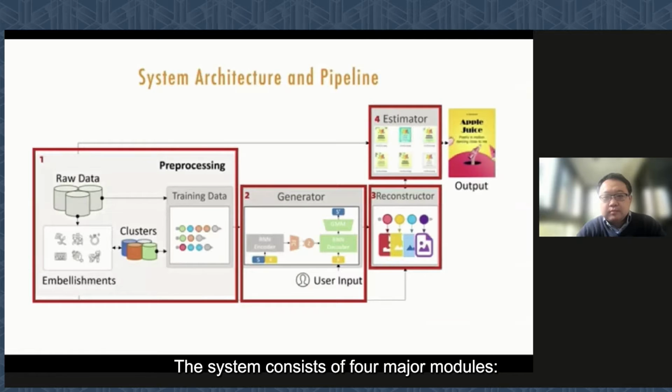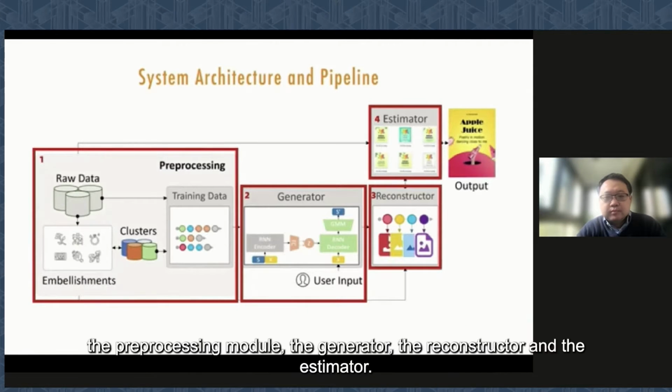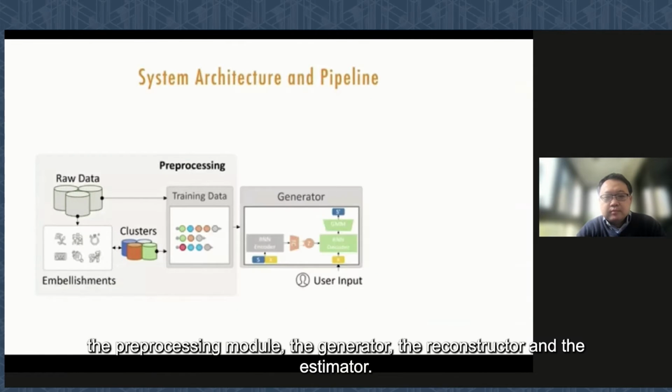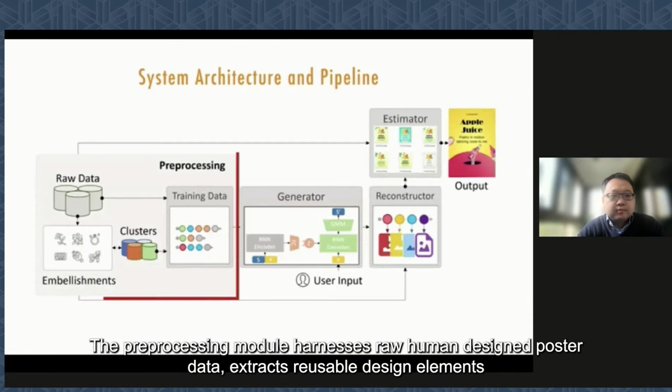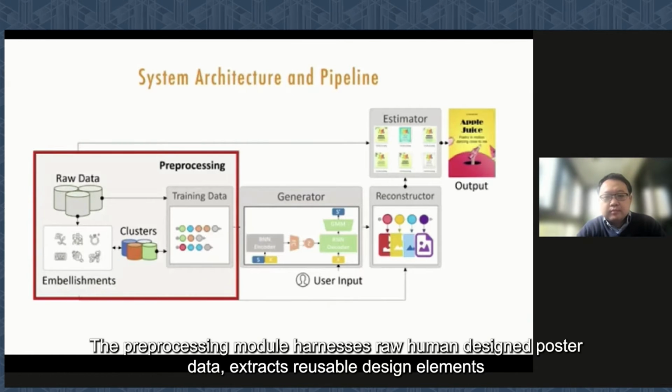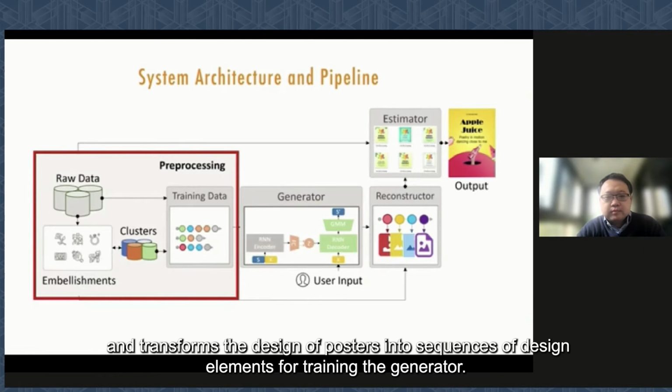The system consists of four major modules: the processing module, the generator, the reconstructor, and the estimator. The processing module parses raw human-designed poster data, extracts reusable design elements, and transforms the design of posters into sequences of design elements for training the generator.